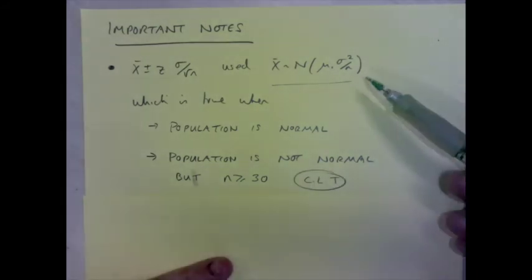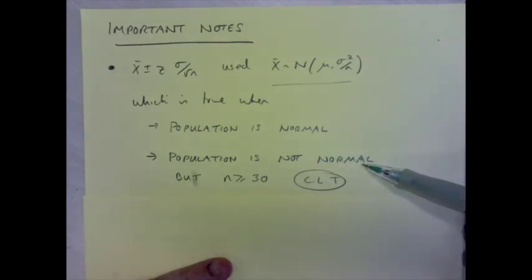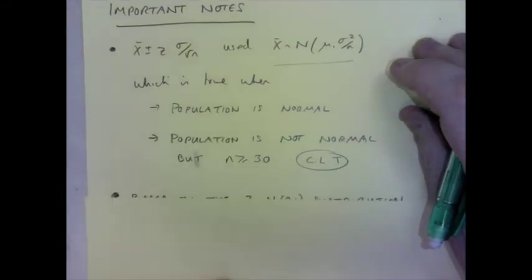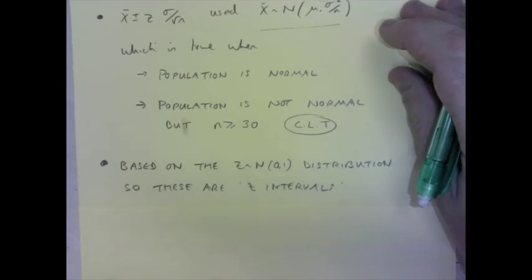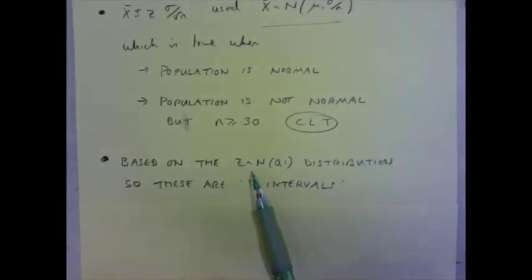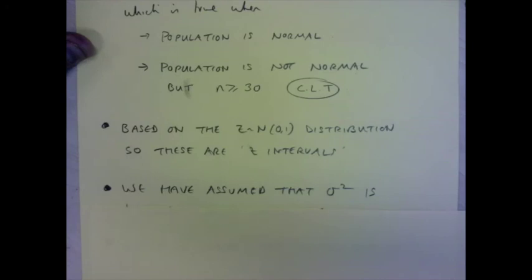So I can use this for small samples from a normal population or for large samples from a non-normal population. So that's important. I think we mentioned this with the calculator section. These intervals are based on the standard normal distribution, so they're called Z intervals. So you might say, I need to find a Z interval.